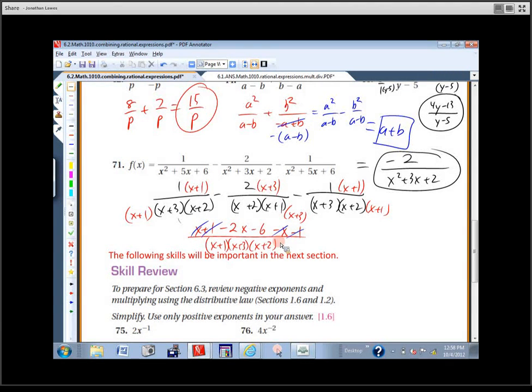If I kept on simplifying, I'd pull out a negative. Cancel those off, and look, negative 2 on the top, x plus 1 and x plus 2 on the bottom, which if you multiplied those out, wouldn't that be exactly the same thing? So would either answer be acceptable, factored form or not? Yeah. Okay. Any questions?